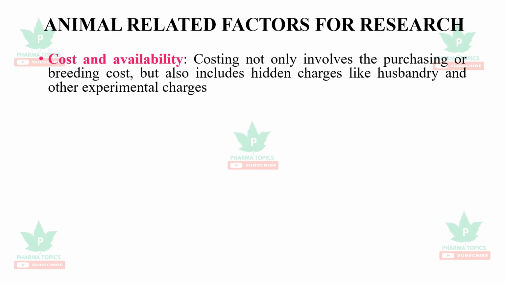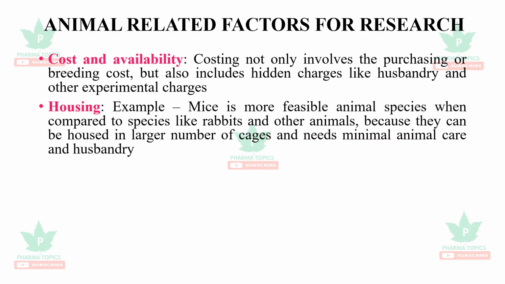Costing not only involves purchasing or the breeding cost, but also includes the hidden charges such as maintenance of the animal house, that is animal husbandry, and other experimental charges. Housing. Example, mice is more feasible species when compared to the species like rabbits or guinea pigs, because they can be housed in a larger number of cages and need minimal animal care and husbandry.